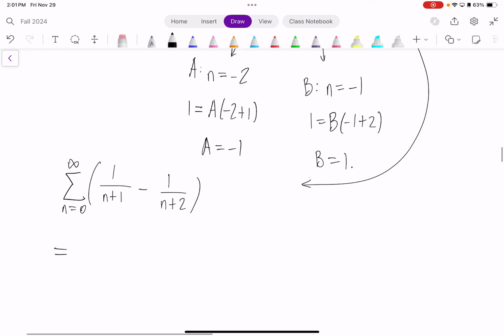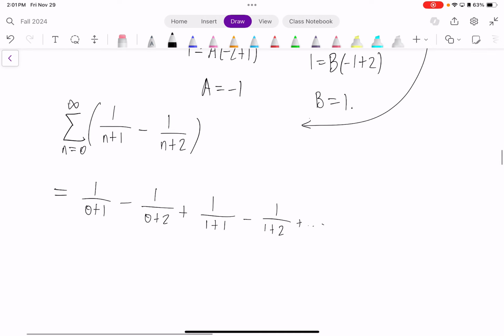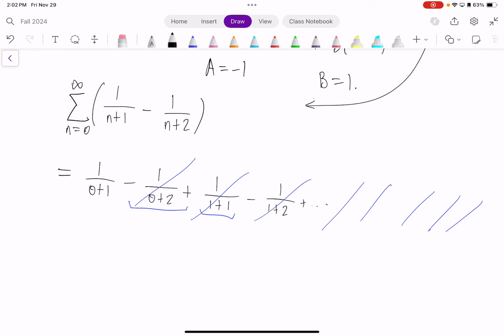So if we write out the first few terms of this sum, this is going to be 1 over 0 plus 1 minus 1 over 0 plus 2, plus 1 over 1 plus 1 minus 1 over 1 plus 2, plus dot dot dot, right? Okay, this is minus 1/2, this is plus 1/2. So this is canceling, and this is going to keep canceling forever.